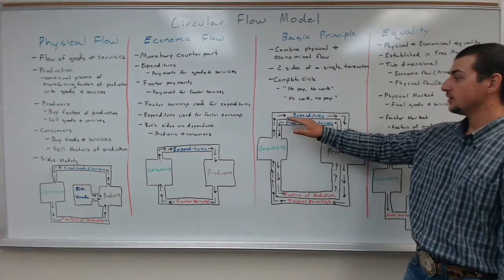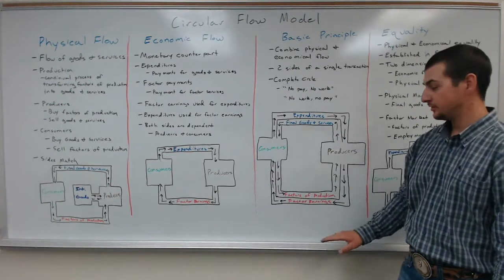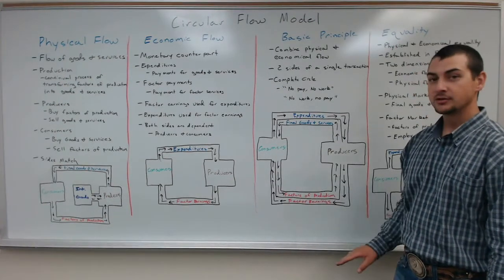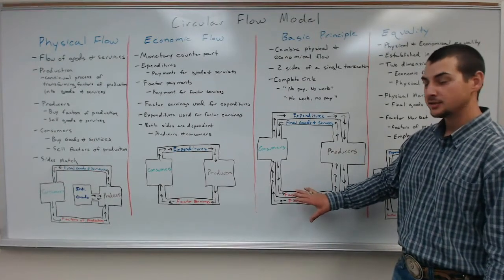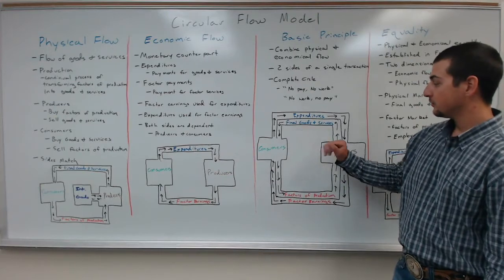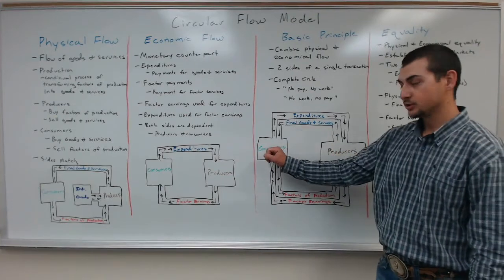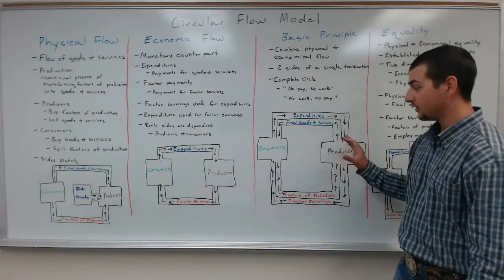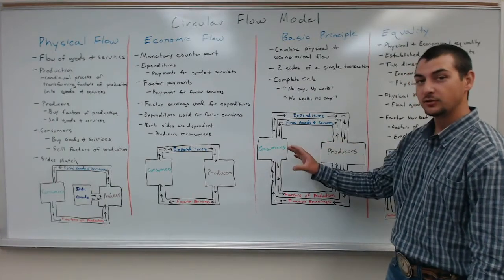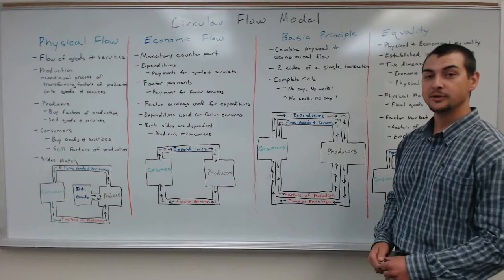Just like we see here, we have expenditures and final goods. We have factors of production and factor earnings. These are two sides of the same transaction. And for producers to prosper, consumers must prosper. And for consumers to prosper, producers must prosper. And if one of these sides begins to fail or decline, both sides will begin to fail or decline.